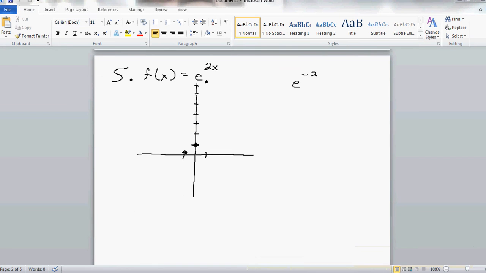So 0.135 is going to be there, and we know that since it is an exponential, it's never going to cross the asymptote, which beginning wise is always y equals 0. And so we get this as our final graph.